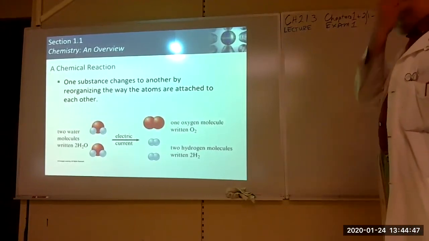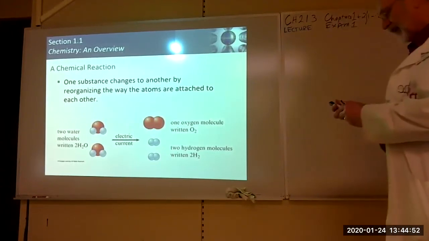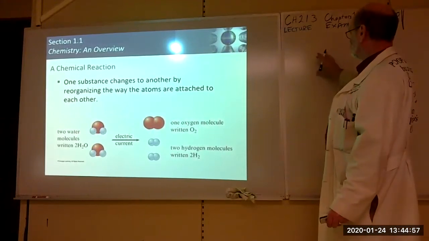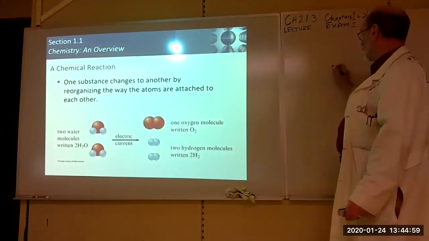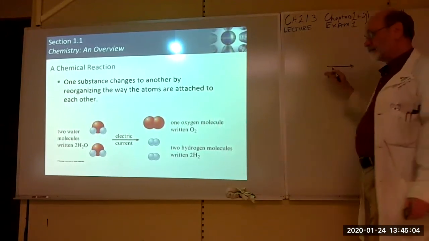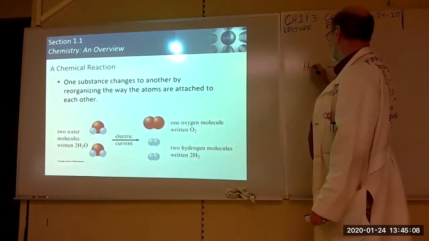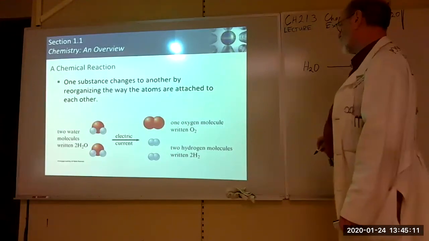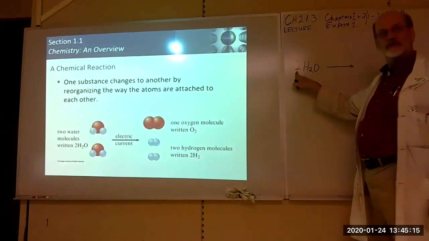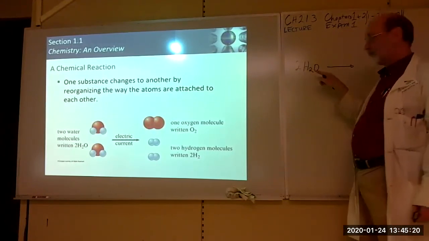So a chemical reaction is written from left to right with the reactants on the left of the arrow and the products on the right. So in this case, we've got water molecule. In this case, they're saying two of them. So with the coefficient of 2, that means we have 2 of everything following it. Okay.